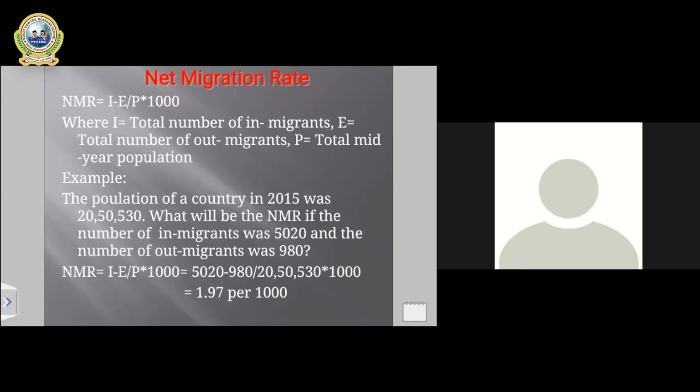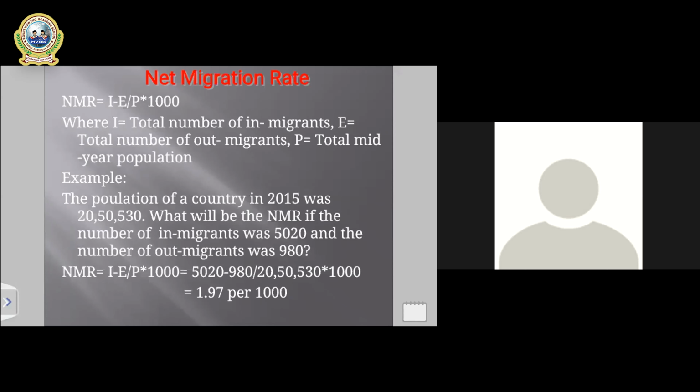Now, what is the meaning of I? What is the meaning of E? I equals the total number of in migrants, E equals the total number of out migrants, and P equals the total mid-year population. That means I is the total number of incoming population, and E is the total number of outgoing people.